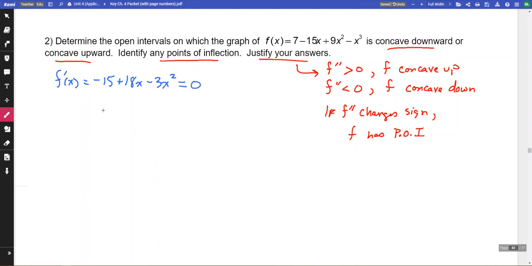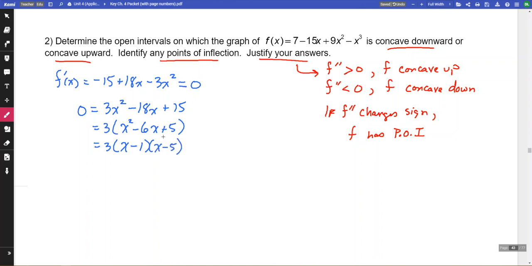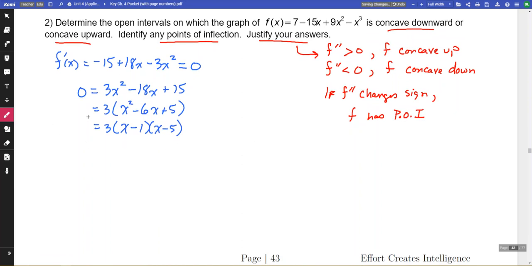I personally don't like working with negatives for my leading coefficient, so I'm just going to rewrite this as 0 equals 3x squared minus 18x plus 15, which of course can be factored as 3 times x squared minus 6x plus 5, which could be further factored as 3 times x minus 1, x minus 5. And we know that it's equal to 0 if x is equal to 1 or x is equal to 5.